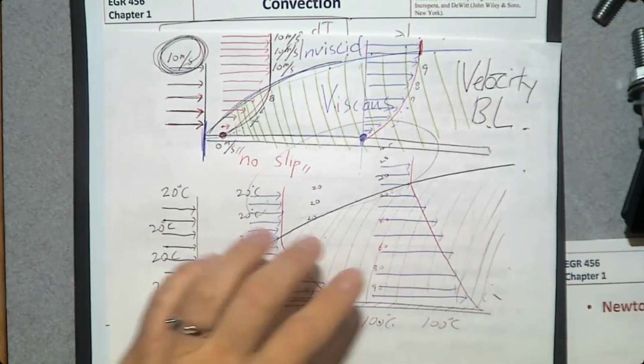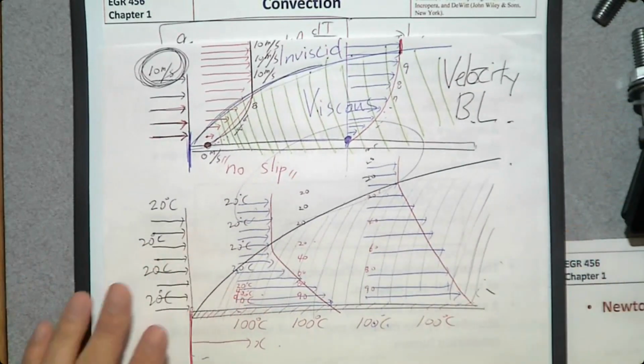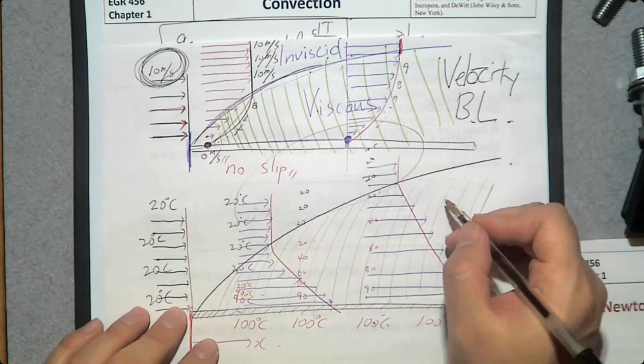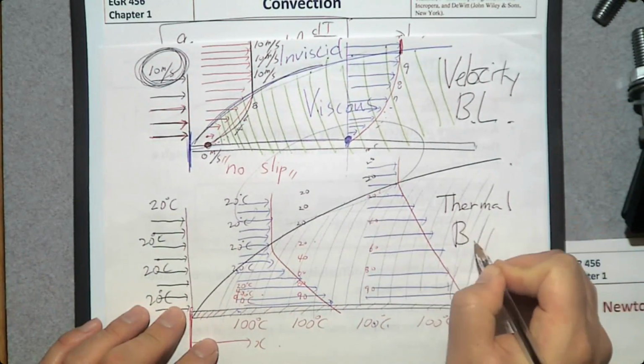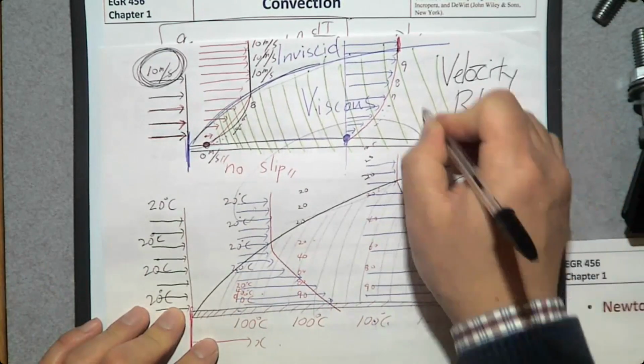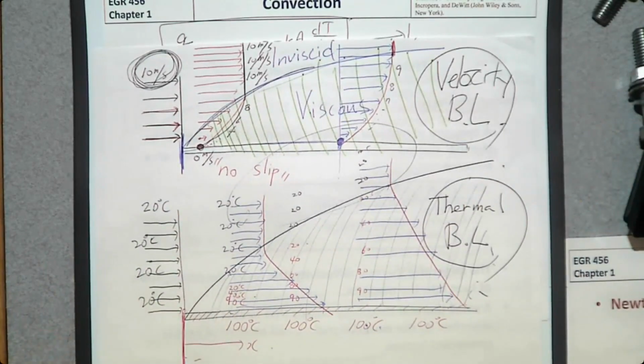This layer is called the thermal boundary layer. And here we use the conservation of momentum equation. Here we use the conservation of energy equation.